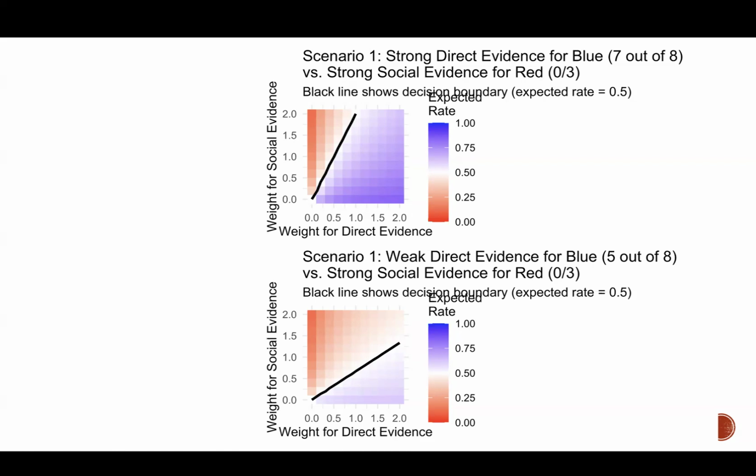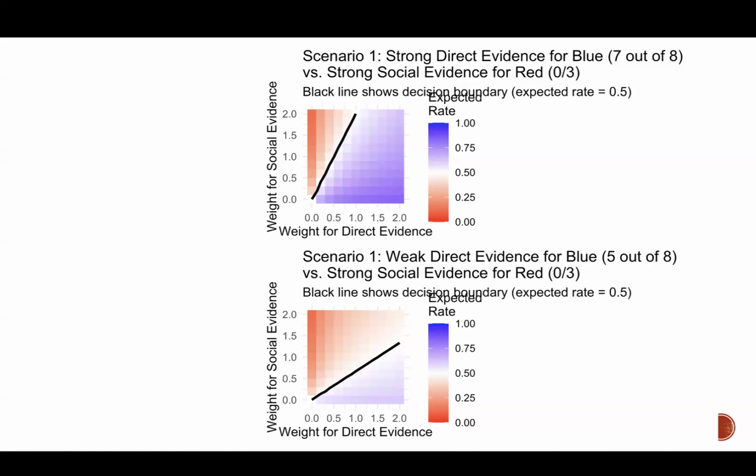If we have, on the contrary, weak evidence for blue in direct and strong evidence for red in the social evidence, right? This is the same setup, and we see things being skewed that way. They're not perfectly symmetric. This was the key point I wanted to make before I let you go, because the evidence from the other is less confident, right?